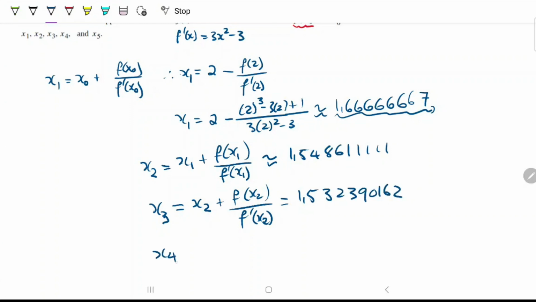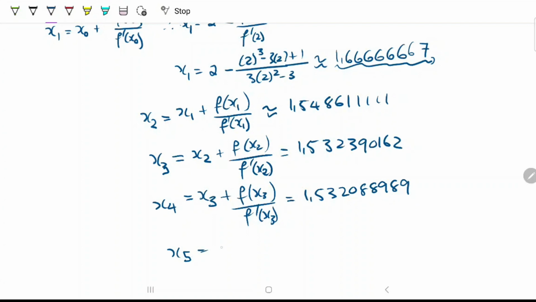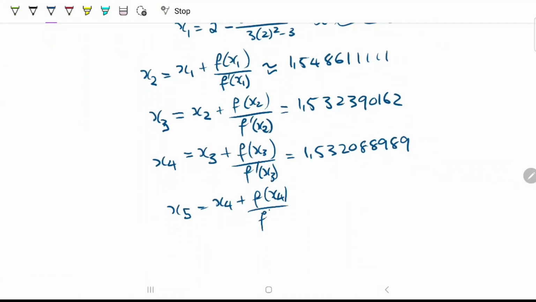You can verify these with your calculator, and then you can go on again and get the other solution where you now have to use your previous solution, x3 over the derivative of x3, and then you can go on and see how this converges. 1.532088989, and then you can go to the approximation of that. You have to use your previous answer, and therefore you go x4 over the derivative of that.